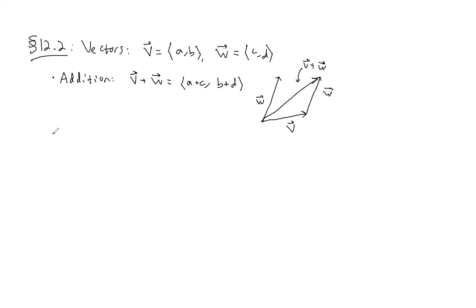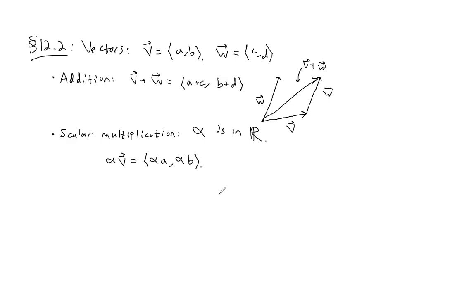So that's addition. We also have scalar multiplication, which we've seen. Let's say that you've got alpha, some real number. That means that alpha V is equal to (alpha A, alpha B).